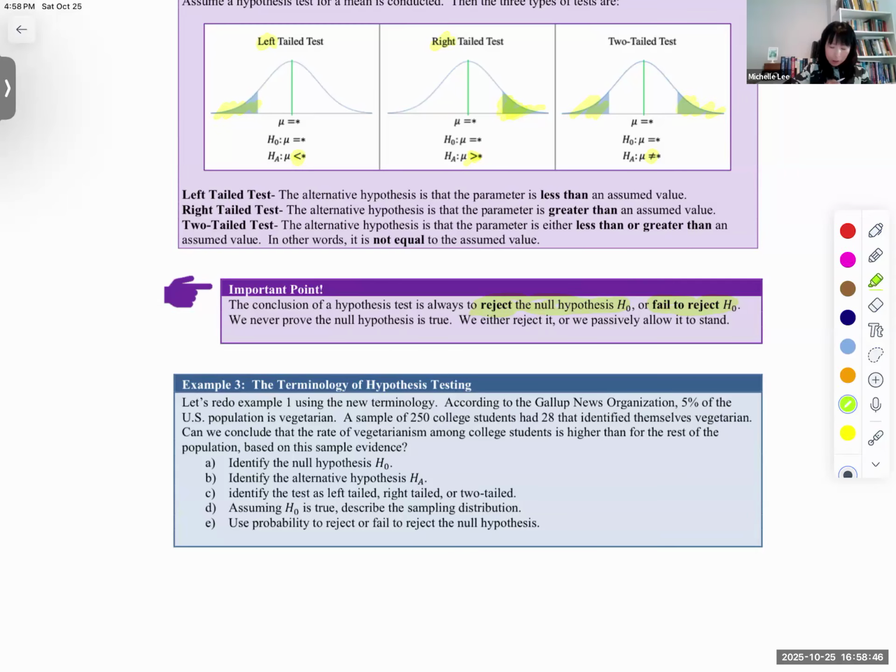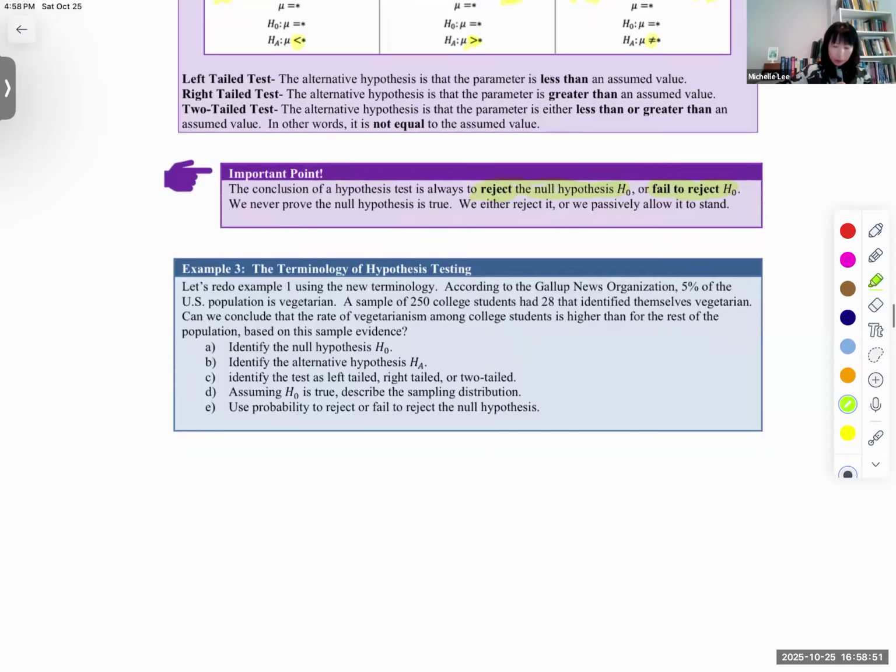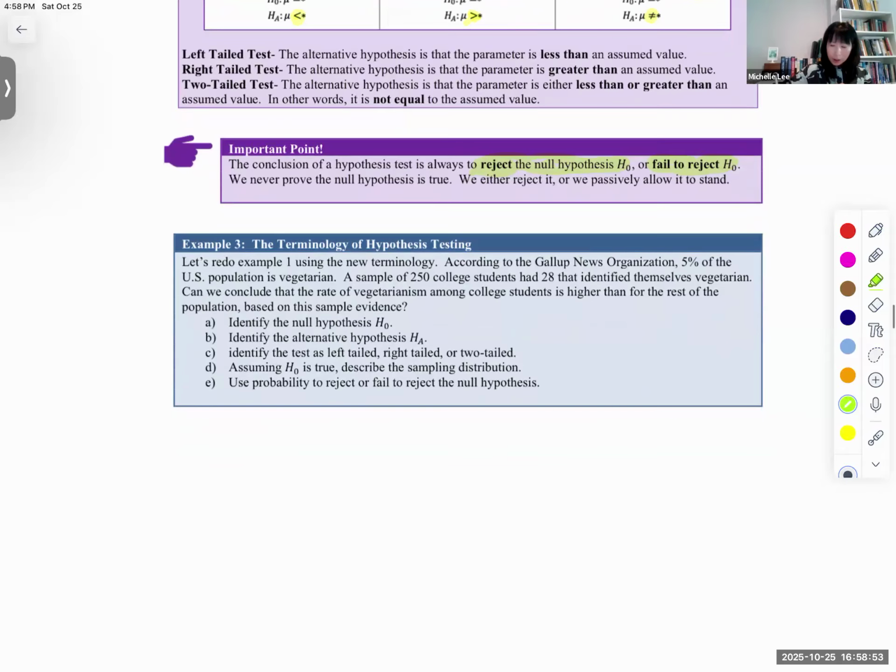All right, so let's do an example. This is what we did earlier.